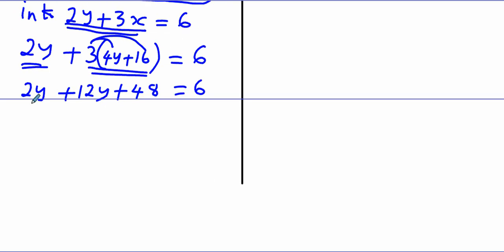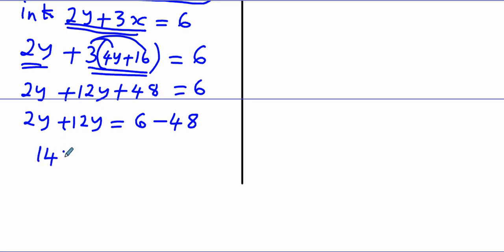Okay, let us proceed. This is 2y plus 12y equals 6 minus 48. And 2y plus 12y will be equal to 14y. 6 minus 48, that will be negative 42.